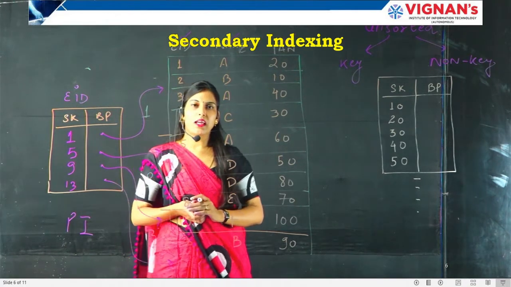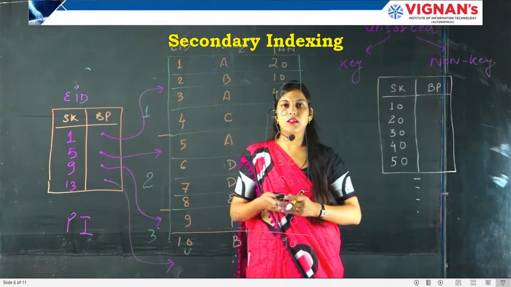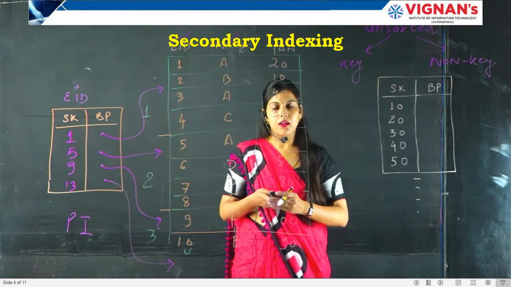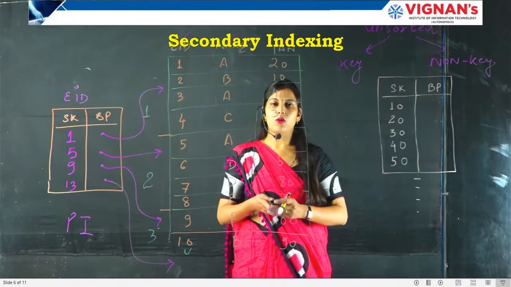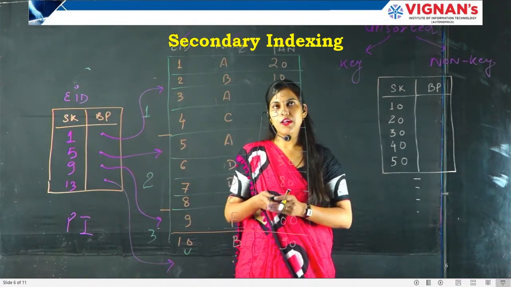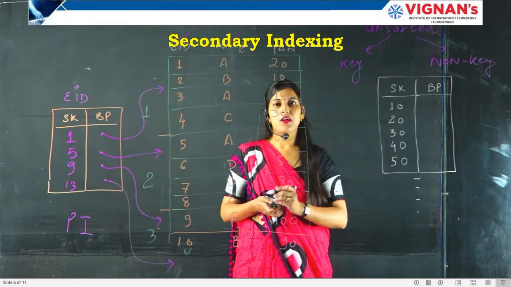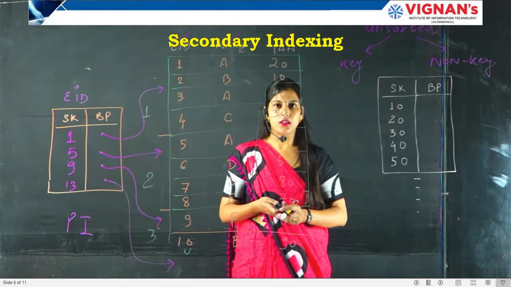Now sometimes the situation arises when the query is not written based on the primary key. Sometimes the queries are based on other attributes present in the table, for example, select star from employee where PAN number is equal to 30.